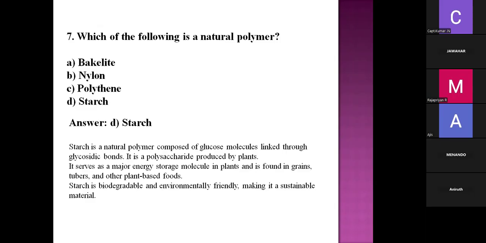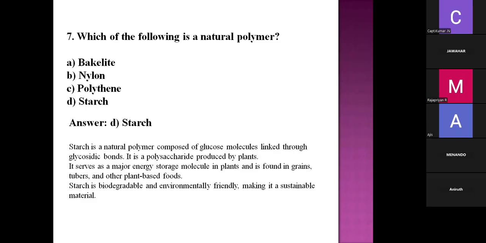Starch is a natural polymer composed of glucose molecules linked together, a polysaccharide produced by plants. It serves as a major energy storage molecule in plants and is found in grains, tubers, and other plant-based foods.